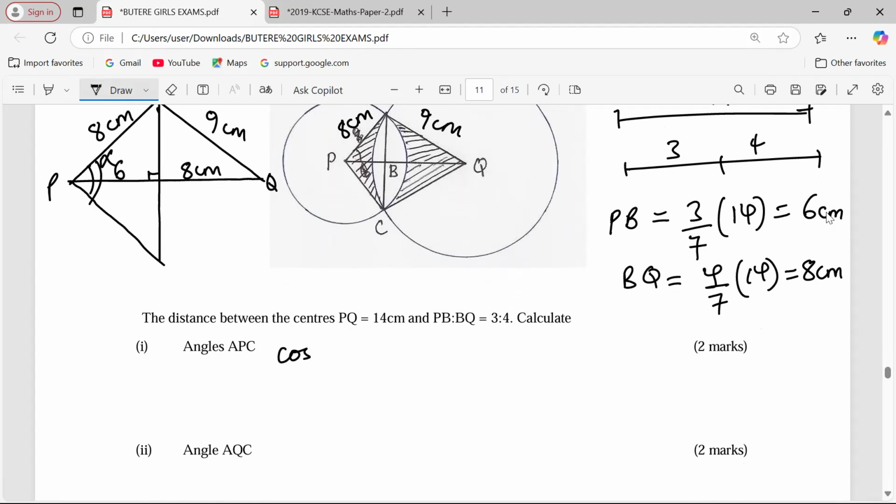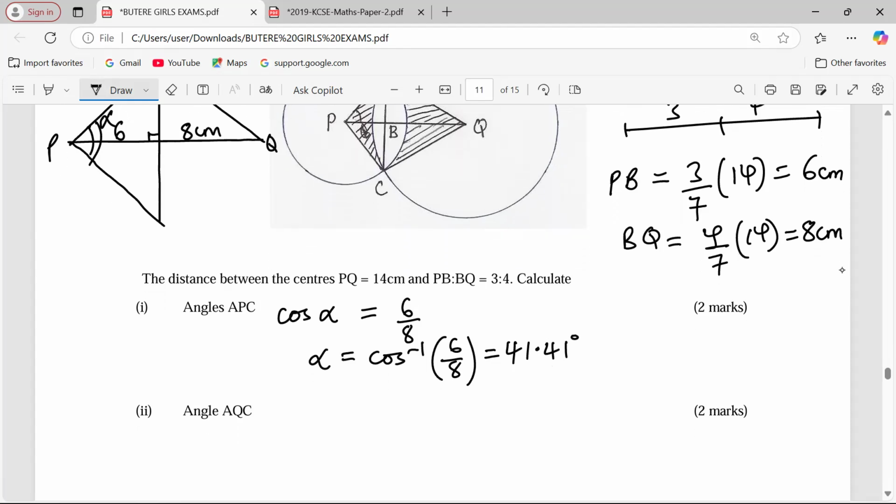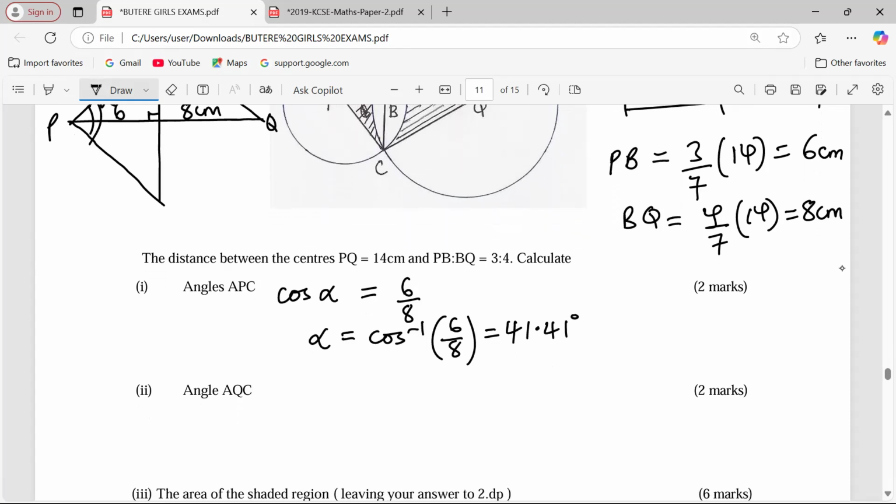So the cosine of alpha is the adjacent length over the hypotenuse, meaning that alpha is the cos inverse of 6/8. So cos inverse means shift cos 6/8. This gives us exactly 41.41 degrees.